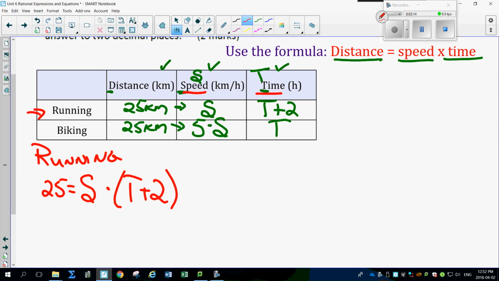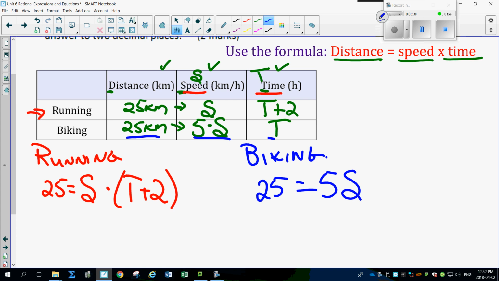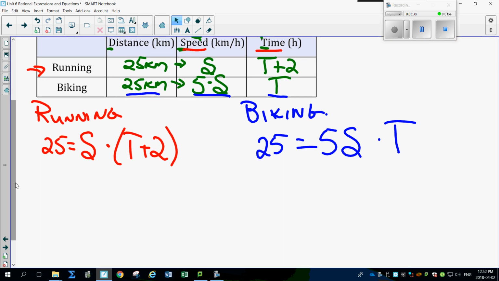All right, perfect. Now look at this. If he was biking, okay, distance is still 25. Now, his speed is 5 times faster, right? And his time is only T. See how it works? Now, here's the cool thing. What do you notice about the distances?